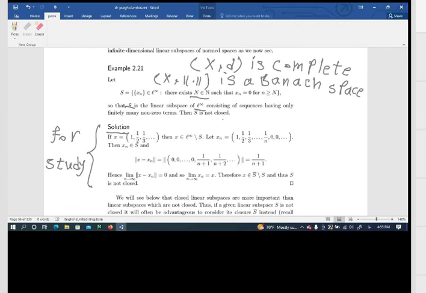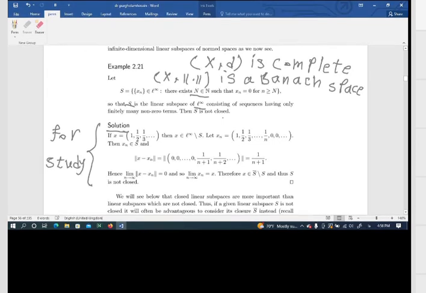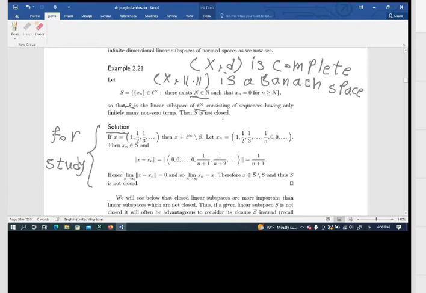So x is not in S, since S is the set of all sequences that are eventually 0. But x is in l infinity.